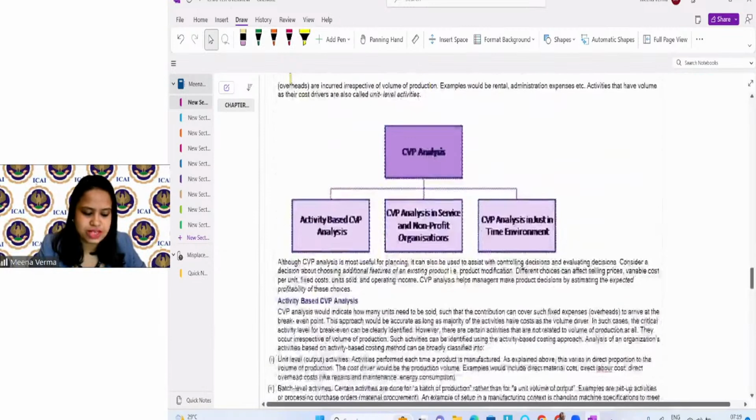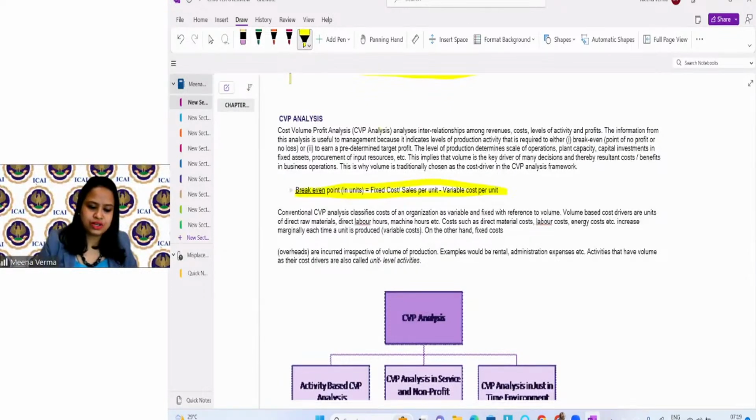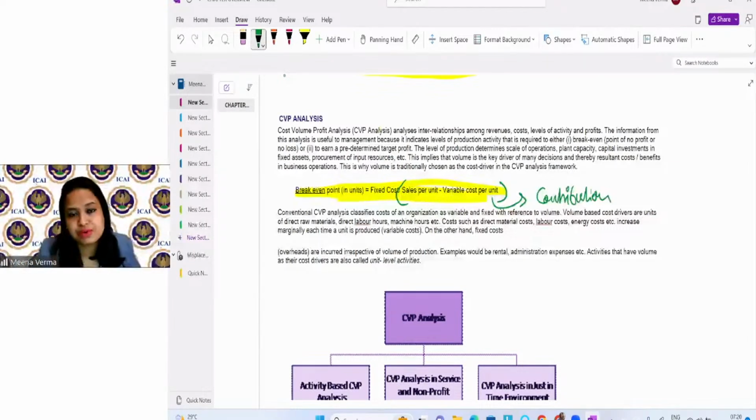Okay, now let's come here. You will see break-even point. We have just discussed that break-even point is fixed cost divided by contribution per unit. In the denominator, they have taken sale minus variable costs, which is nothing but contribution. So selling price per unit minus variable cost per unit is contribution per unit.